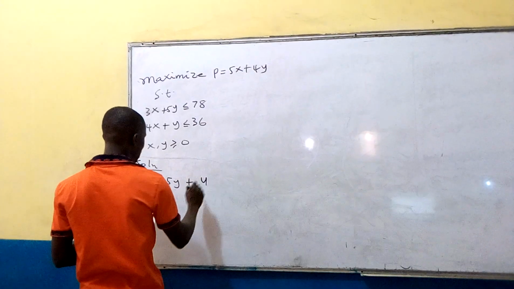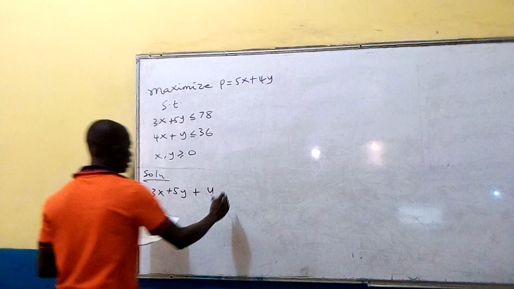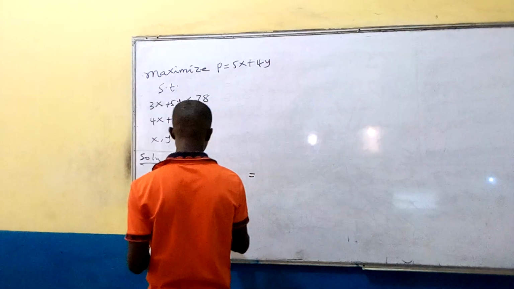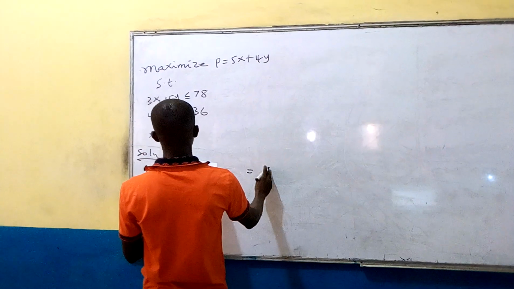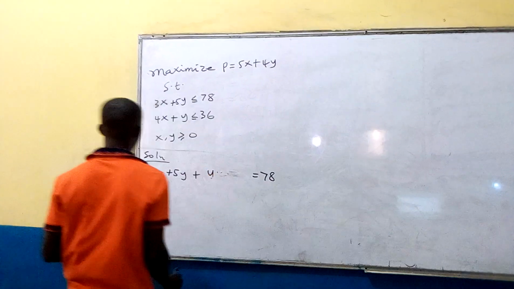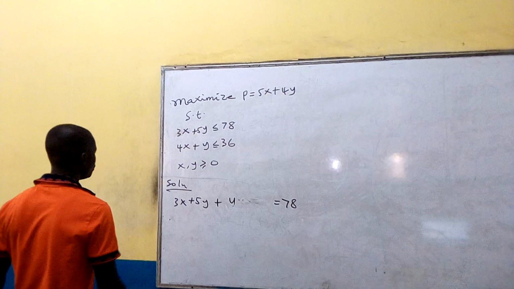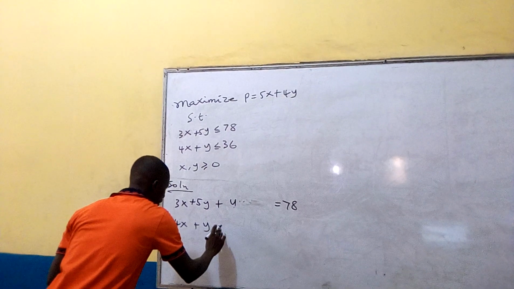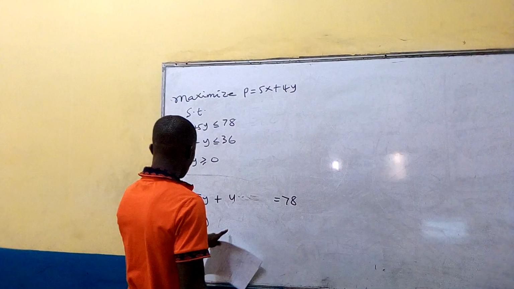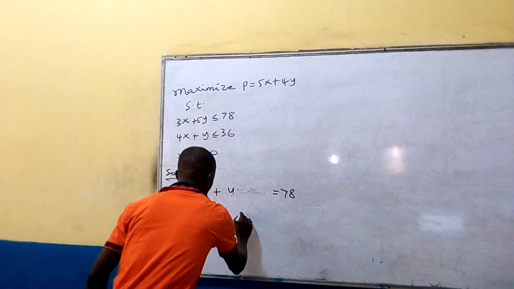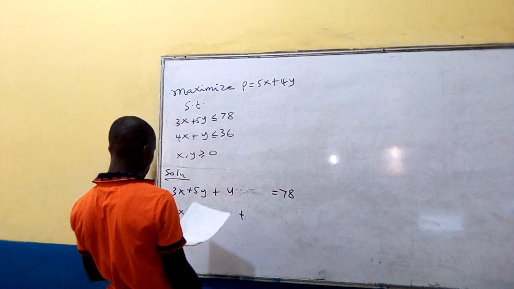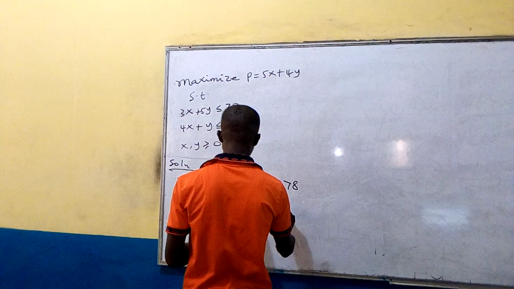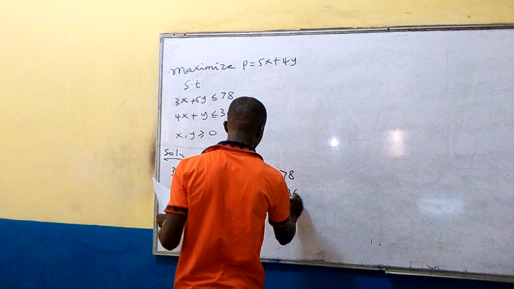We add a slack variable, let's say u. Then it turns to an equal sign. We have 78. Then the next one, we have 4x plus y. Now, we'll not line up with this. You come this way, and let's call that slack variable w, and this should be equal to 36.